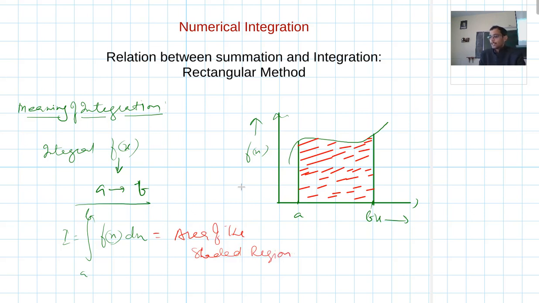Once you have the idea of how to calculate the integral of the function, then you can calculate exactly what the area is. But how did the idea of integration come into our mind? For that, let us draw another diagram and try to approximate this area.